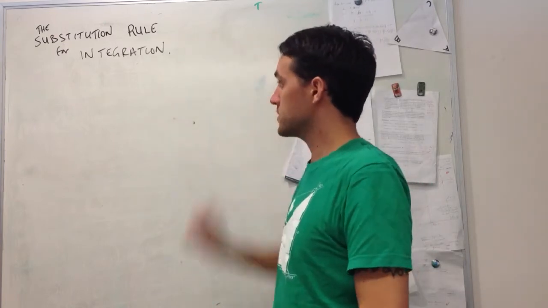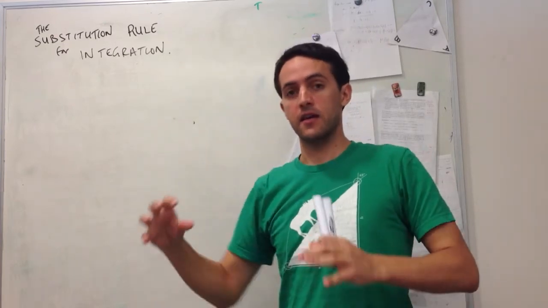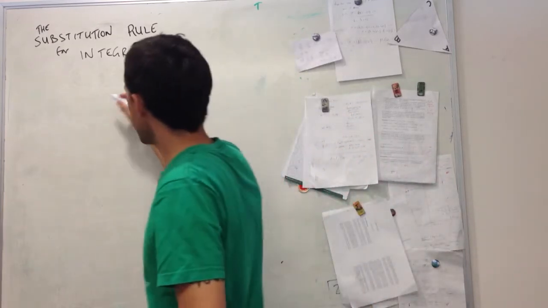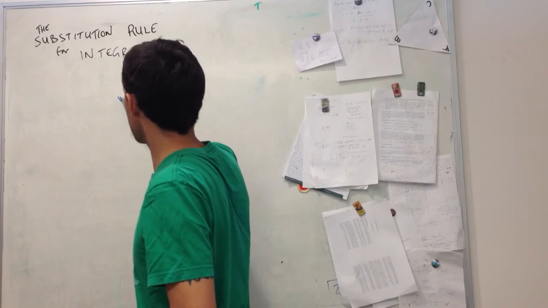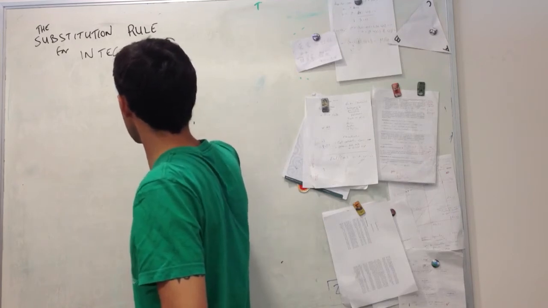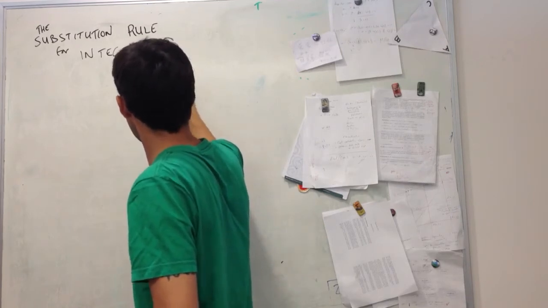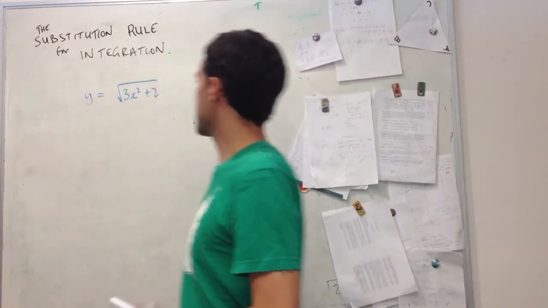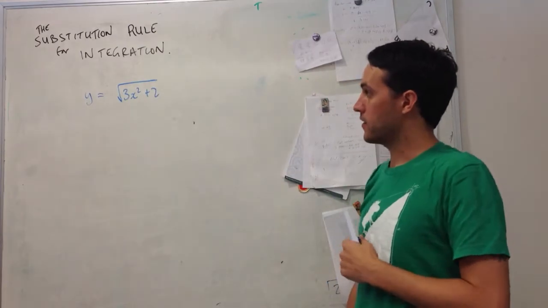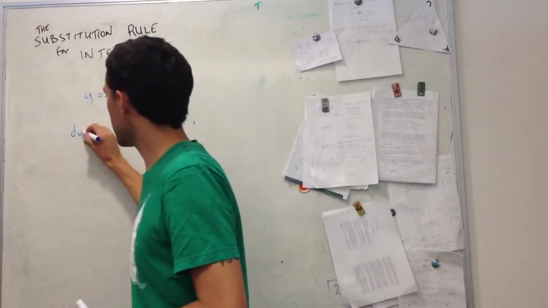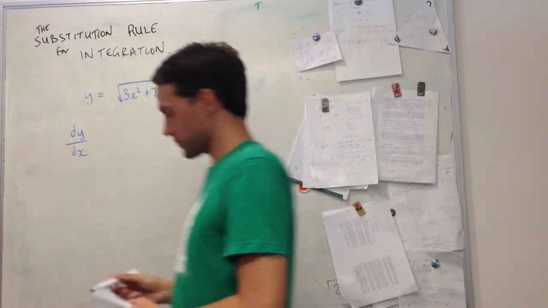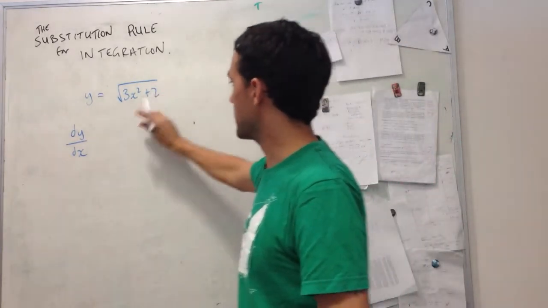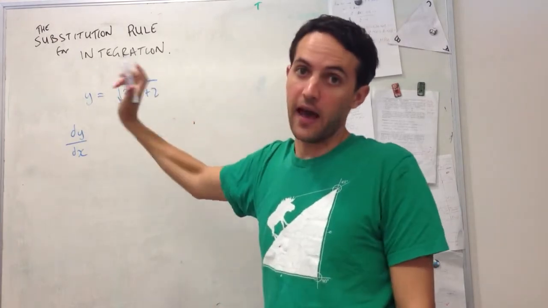So the substitution rule for integration, as I said, is sort of the reverse of the chain rule for differentiation. Now when we have something like this and we want to find dy/dx, so this is our function, what we usually do is think of it as having an inner function and an outer function.